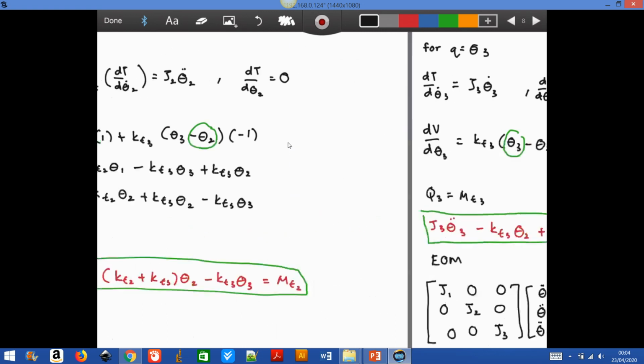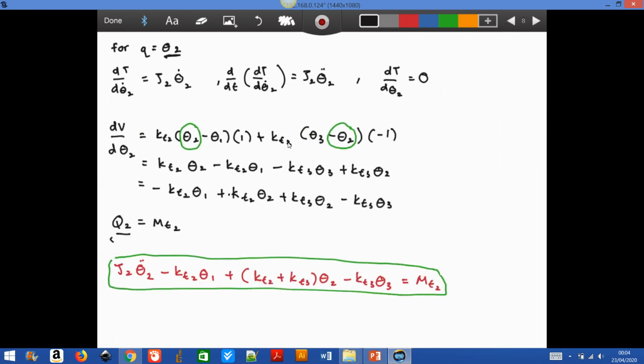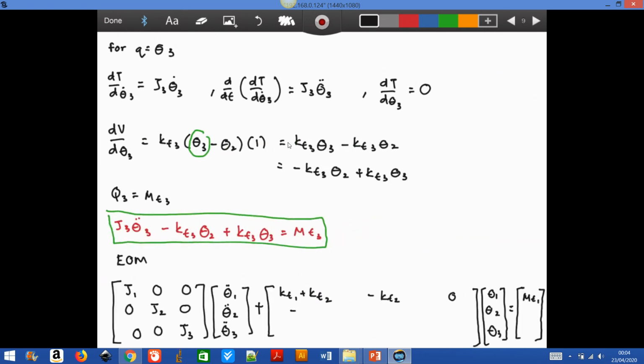Alright, next for the second one, for q equal to theta 2: minus kt2, and in here is kt2 plus kt3.